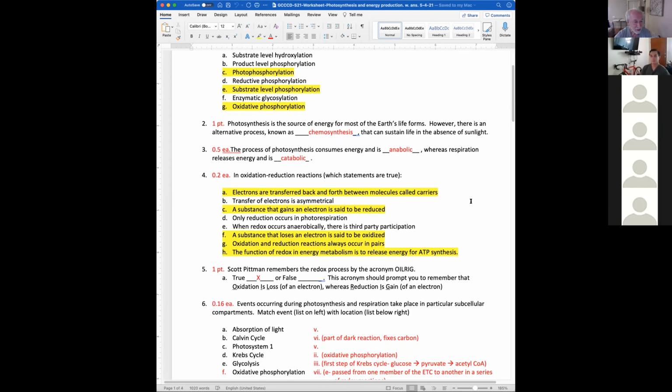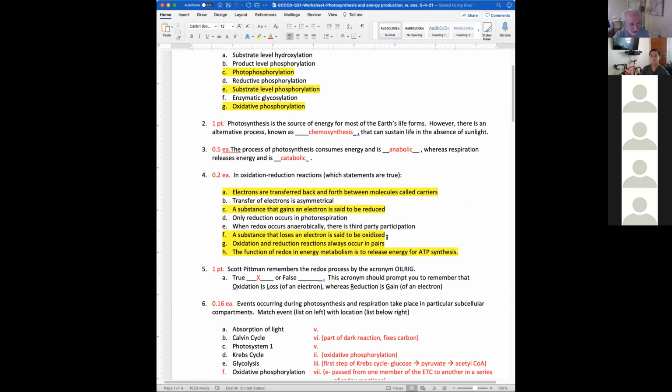Right, in oxidation reduction reactions, what's true? Energy or electrons are transferred back and forth between molecules called carriers. That's true. So it's not asymmetrical. Substance that gains an electron is reduced. That's correct. The second 2 are not correct. And then the last 3 are all correct.